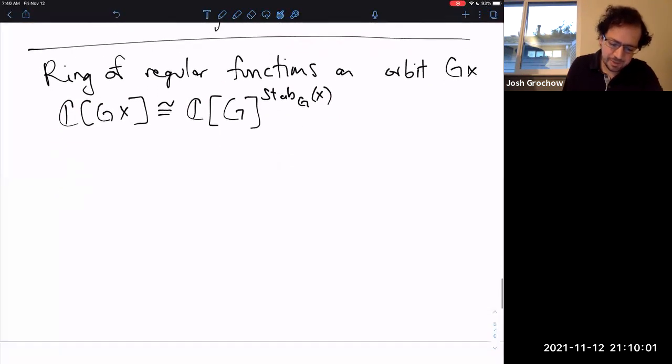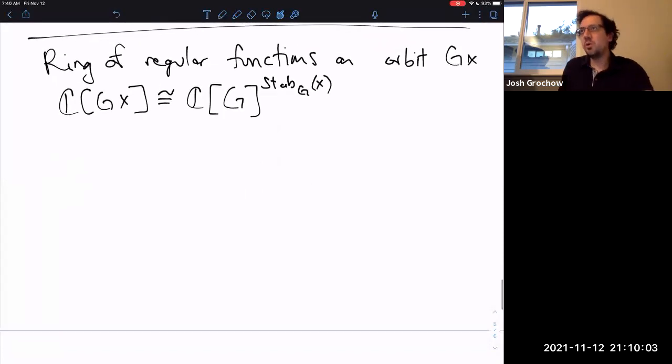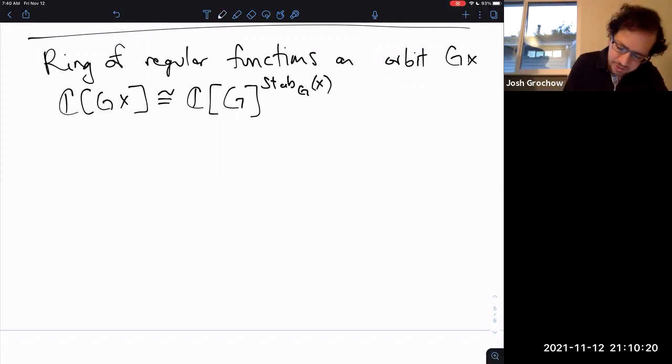Okay, if you know the relevant algebraic geometry, I think everything I'm going to say is fine from the algebraic geometry perspective. But you can also just think about this in terms of groups. I don't even know if I need things to be continuous. So you have a group G, remember H will be our stabilizer.